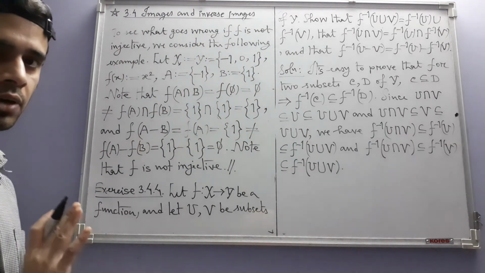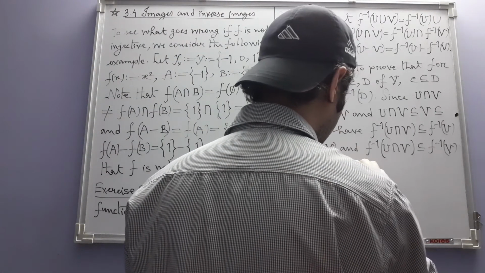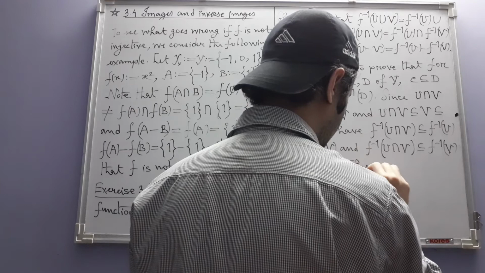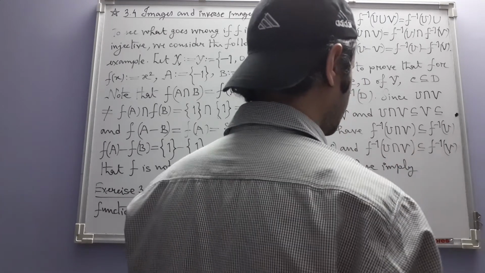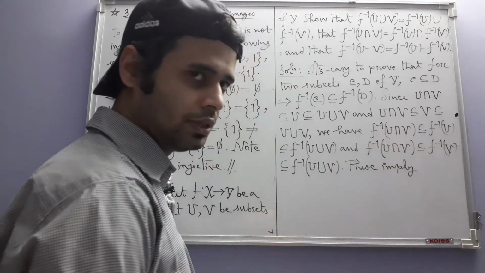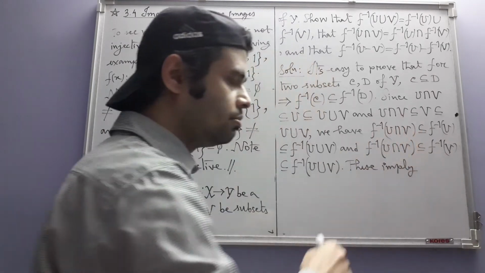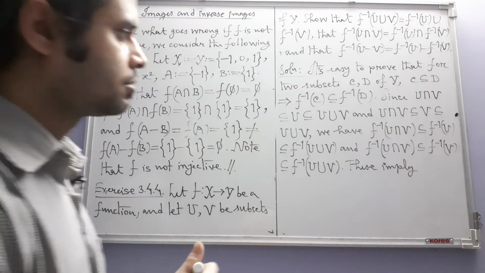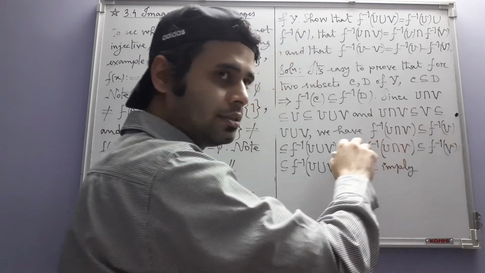Okay, from these final relations, we can conclude these two things. These imply that since F inverse of U and F inverse of V both contain F inverse of U intersection V, their intersection will also contain this.